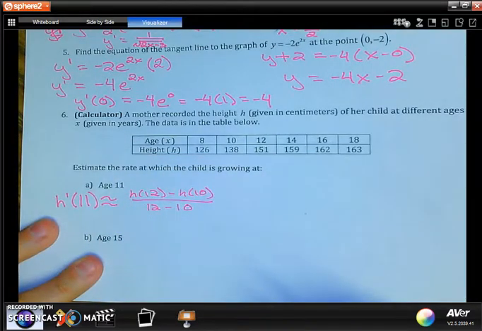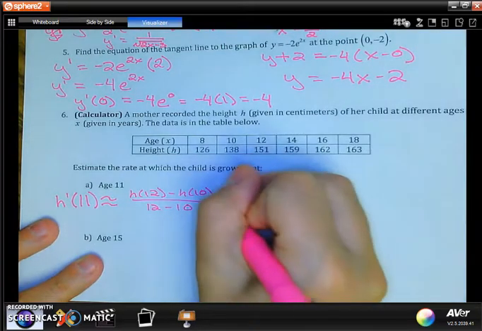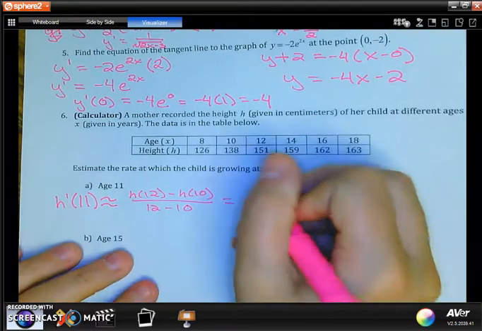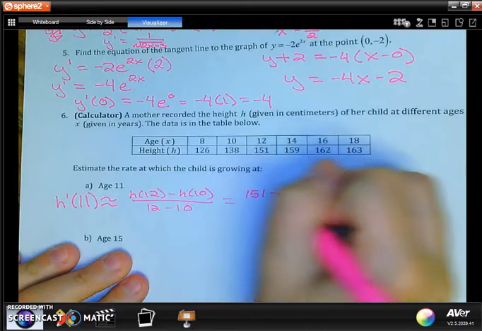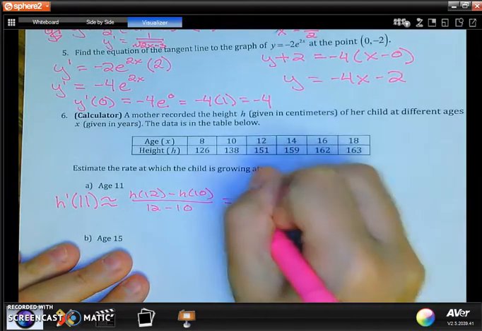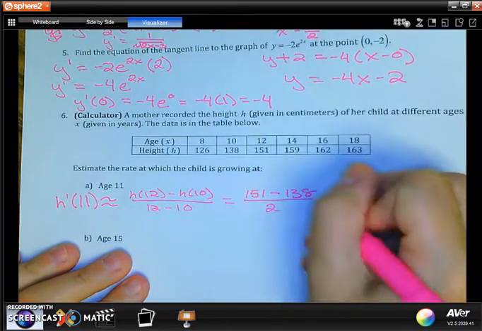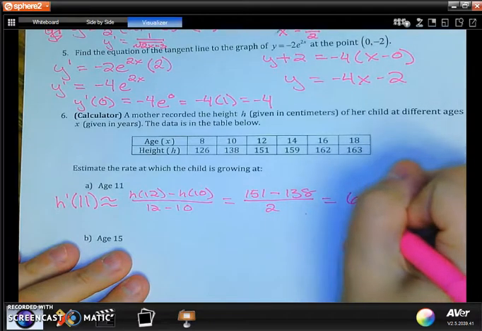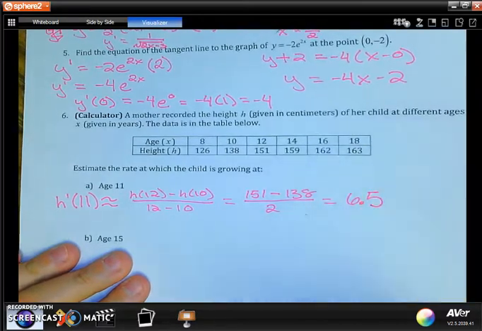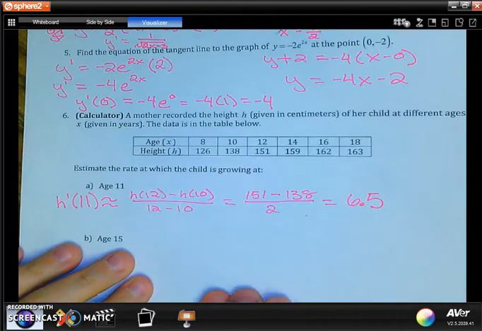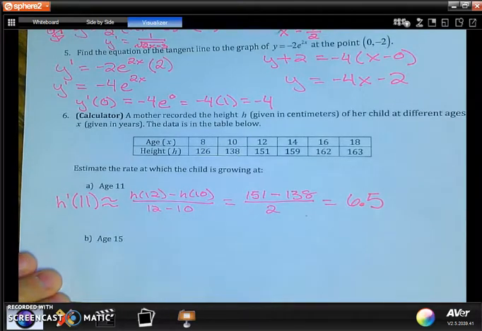You can go ahead and grab all that info from the table. Over 2. And I think that ends up to be 6.5 if you type that in correctly. Okay, so there you are. There's the approximation.